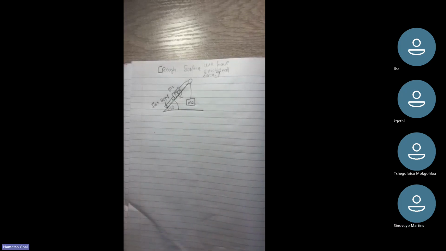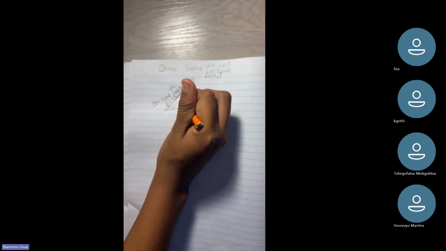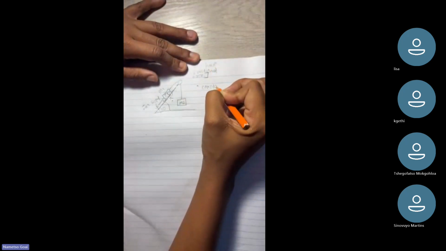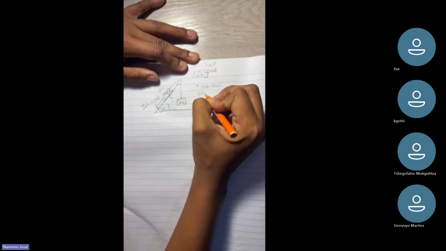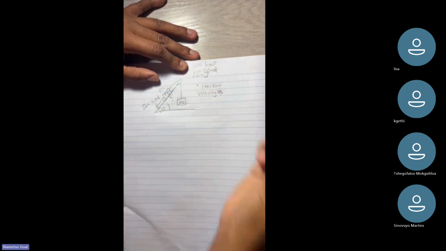Okay, so they're saying this F applied pulls down the block from point X to point Y, right? Block M1 is moving down at a constant velocity. Note down, constant velocity. In the previous question, what did I say constant velocity means?